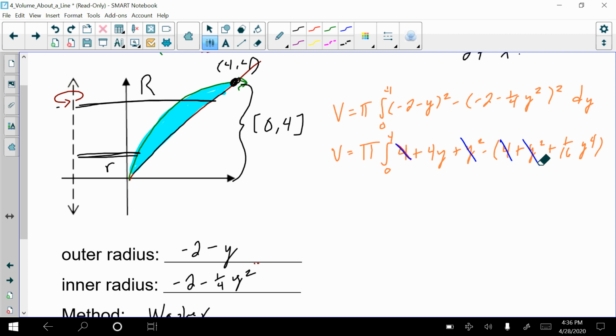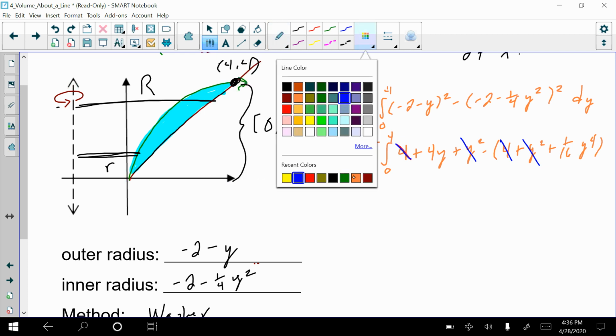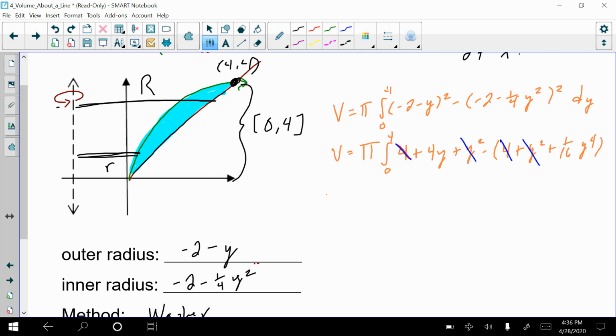So the 4 and the y squareds are going to go away, leaving me with pi times the definite integral from 0 to 4, and we'll have 4y, and then we'll say minus 1/16 y to the 4th dy.